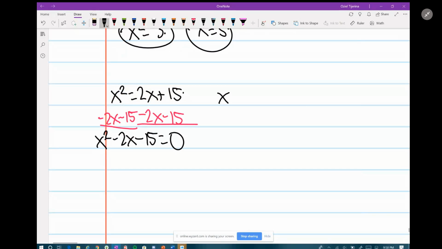The quadratic formula is x equals -b plus or minus the square root of b squared minus 4ac, all over 2a. So it's going to be -b, and we have a b, and then we have an a and a c.